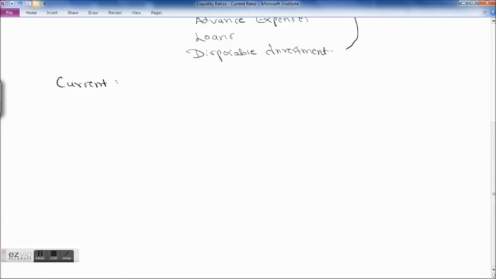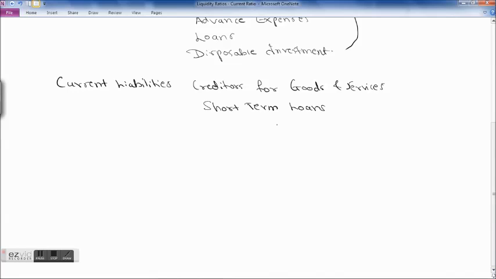Current liabilities means all the short term liabilities. So it includes creditors for goods and services. Then it includes short term loans, loans taken but of short term, like say if a loan is taken for 2 or 3 months.